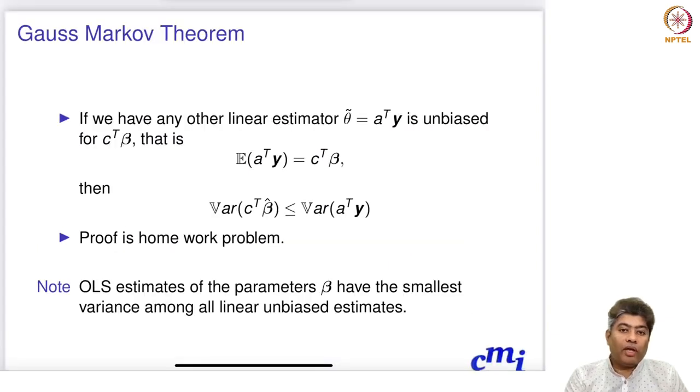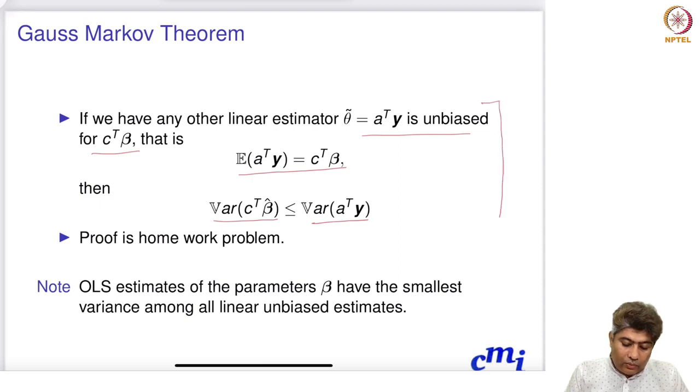Now if you have any other linear estimator, say theta tilde equals A transpose Y, that is an unbiased estimator for C transpose beta, then you can show the expected value of A transpose Y is equal to C transpose beta, and the variance of C transpose beta hat is less than or equal to the variance of A transpose Y. This is what is typically called the Gauss Markov theorem.